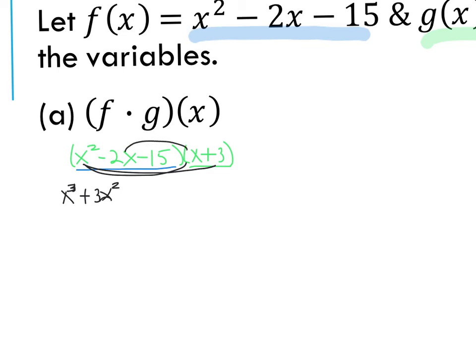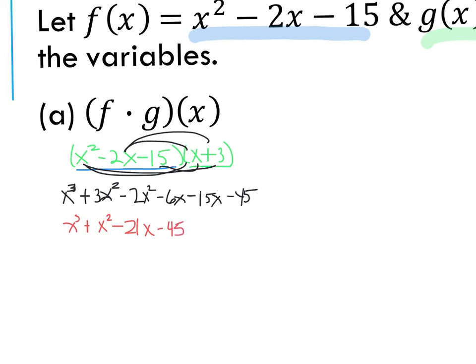Negative 2x times x is negative 2x squared. Negative 2x times 3 is negative 6x. Negative 15 times x is negative 15x. And negative 15 times 3 is negative 45. All that's left for us to do is to combine like terms. X cubed plus x squared minus 21x minus 45.